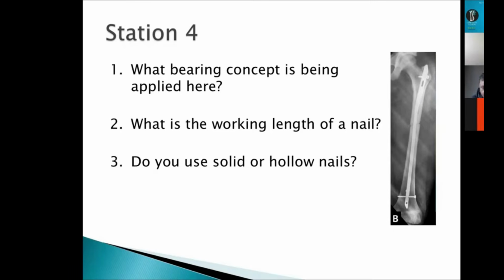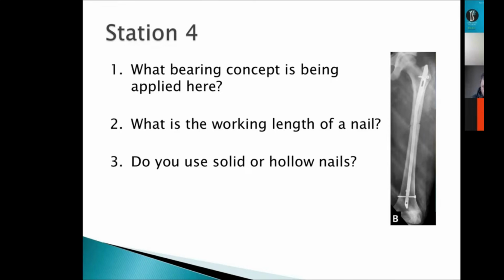So if it's not a load sharing device, what is it? Load bearing. So when might it be a load bearing device? Like if you have a comminuted area, and you want to maintain the length.